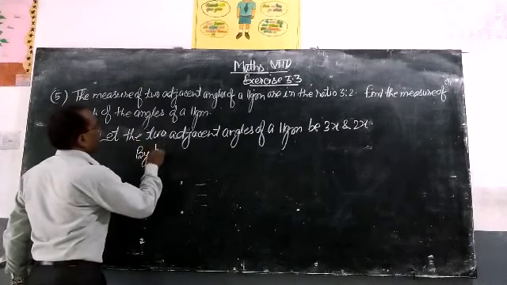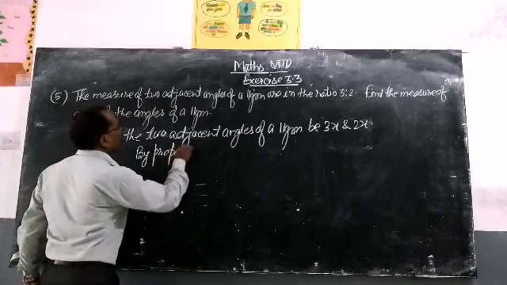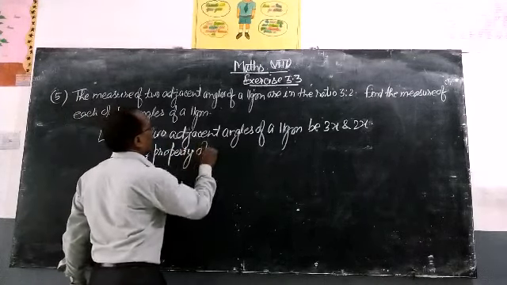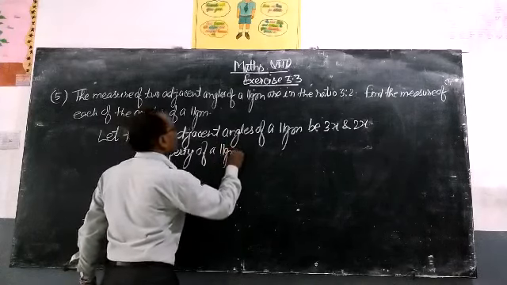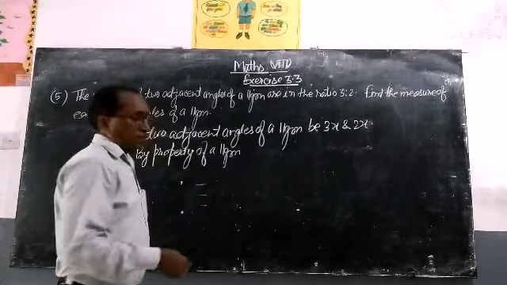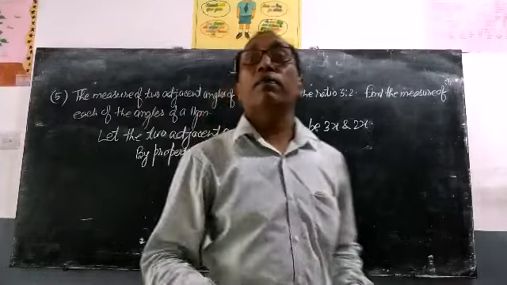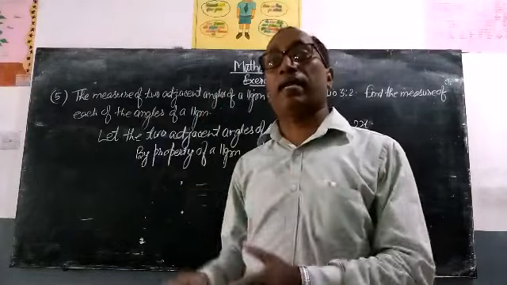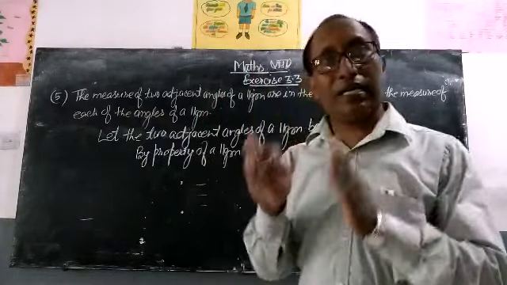By property of a parallelogram, the sum of adjacent angles of a parallelogram is 180 degrees.